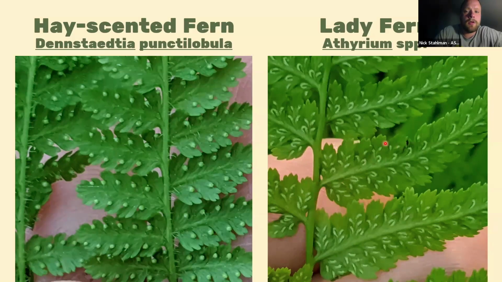So the lady fern will have linear or hooked, horseshoe-shaped sori kind of at the center of each pinnule, versus hay-scented has these rounded sori right at the edge of the pinnule, where it has the bifurcation right here. So that little bit at the margin is much different than the lady ferns.